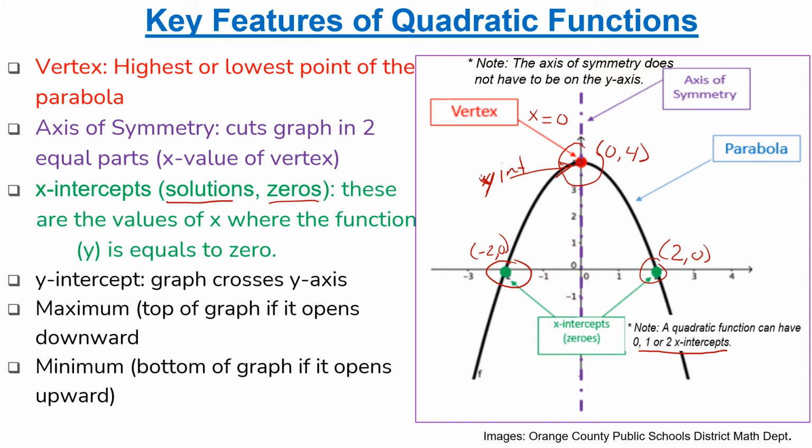So the maximum is the highest point on the graph, the minimum is the lowest point on the graph, and it is the vertex. So remember, the vertex is the highest or the lowest point on the graph. So again, we have a maximum here because the graph opens downward, and this is the highest point on the graph.